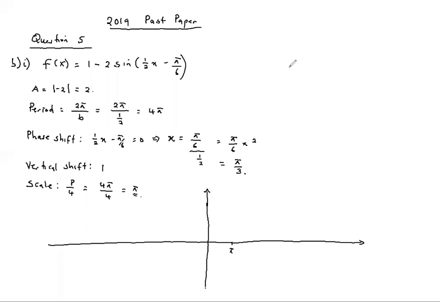With the scale pi, the next is 2 pi, the next 3 pi, and 4 pi. Remember, we've just been asked to sketch from 0 to 2 pi. So there's nothing much there.